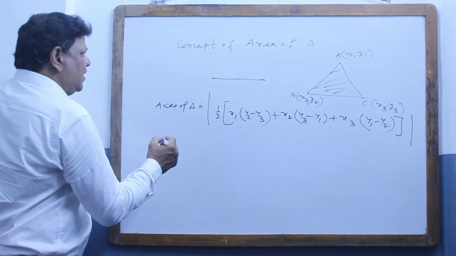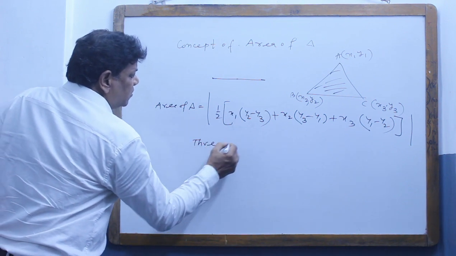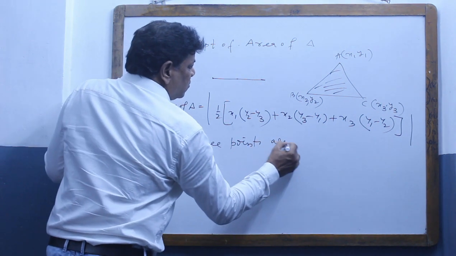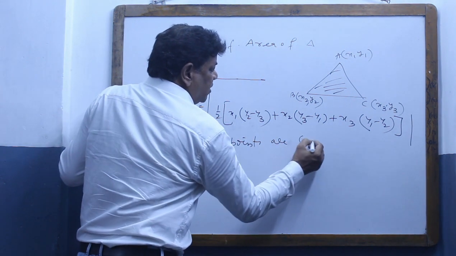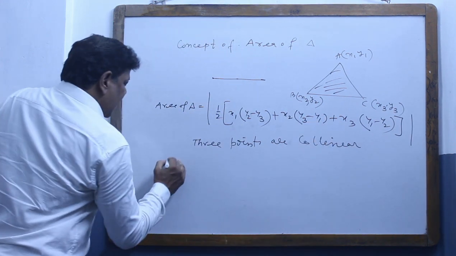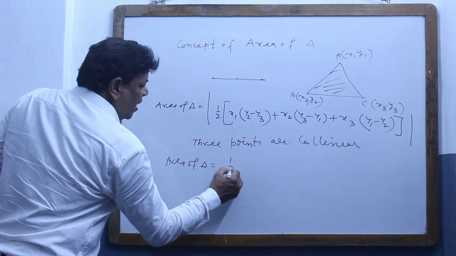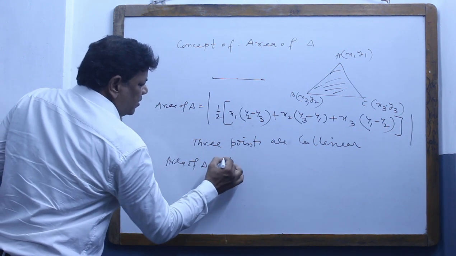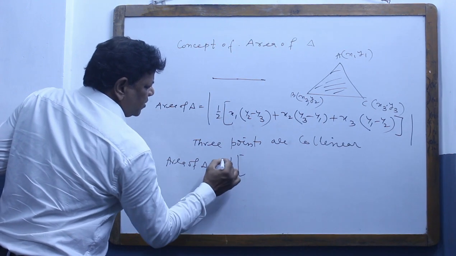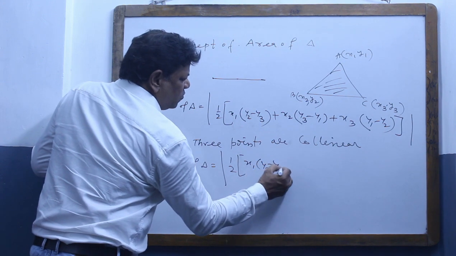So if I say 3 points are collinear, that means the area of triangle should be half, mod you write down or don't write, x1, this same formula write down.